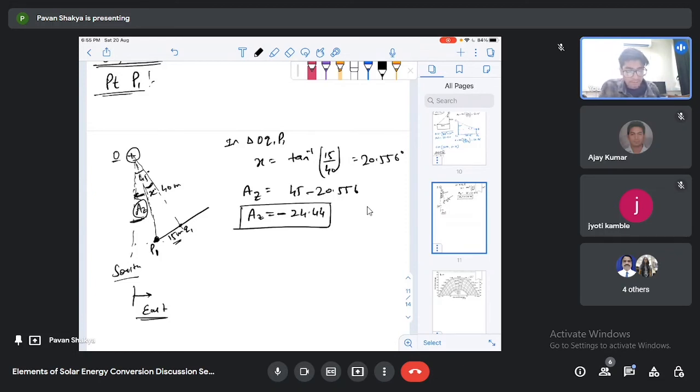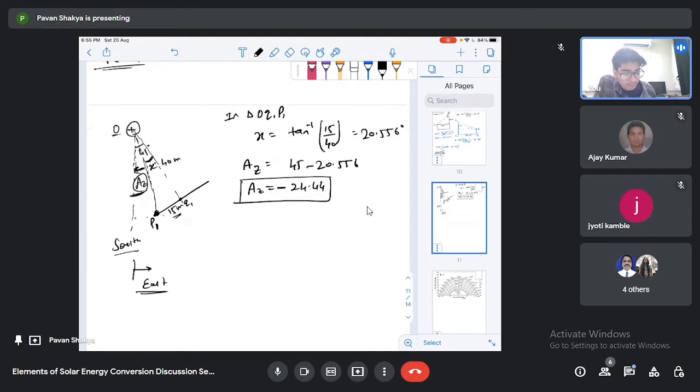Similarly to what we have done for the last problem, we have to solve for the alpha value. So I have to show the side view. For the side view, first we have to calculate this distance, that is O0P0.